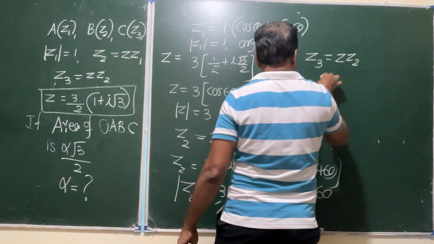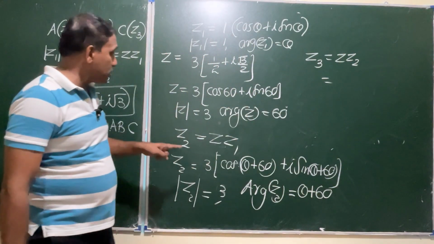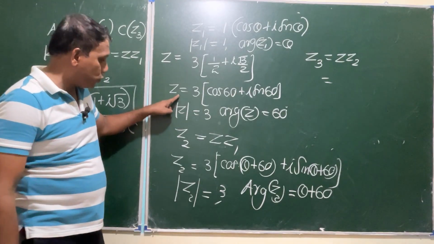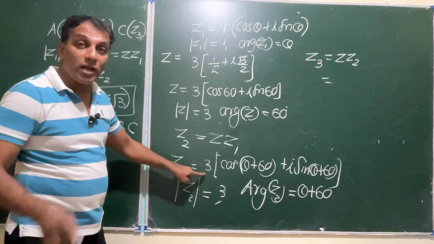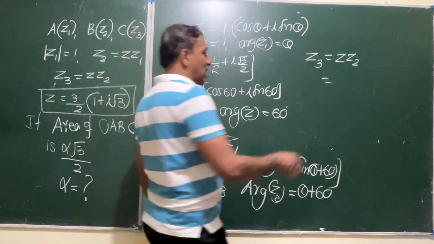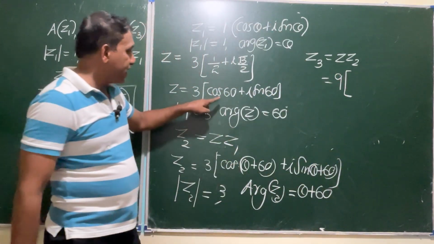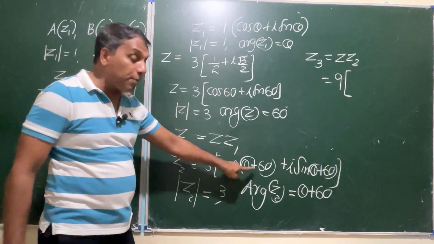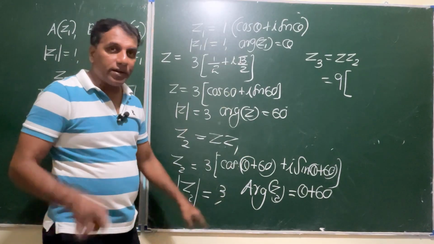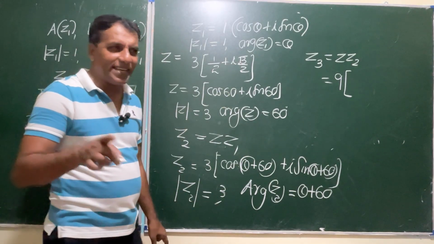Let's provide the data, right? So two complex numbers multiplied, Z1 and Z2. Then the moduli multiply: 3 times 3, 9. Arguments are added: theta plus 60 plus 60, so 120 plus theta.